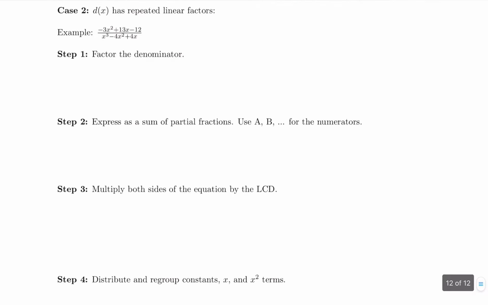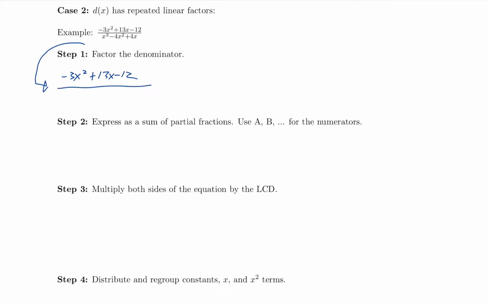So let's look at the second case. In the second case, what we have is a repeated linear factor. Again, always the first step is to factor. So let me factor the denominator, x cubed minus 4x squared plus 4x.